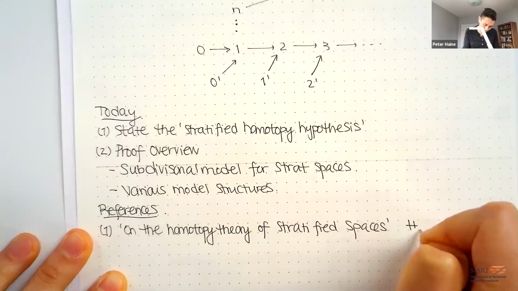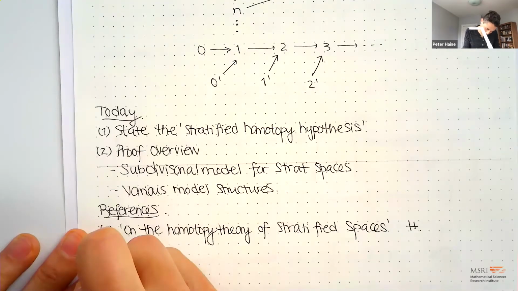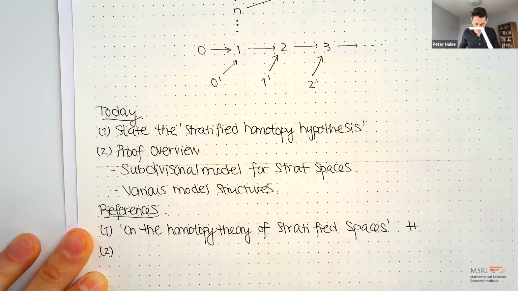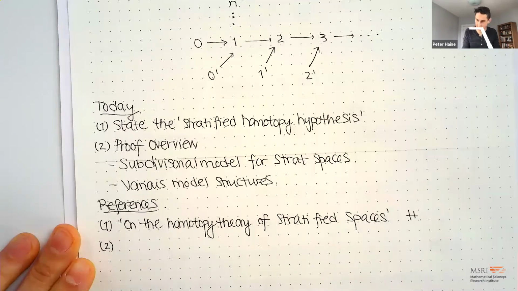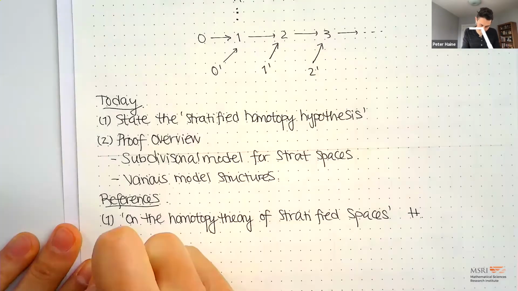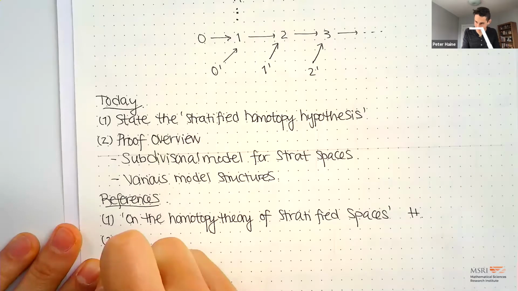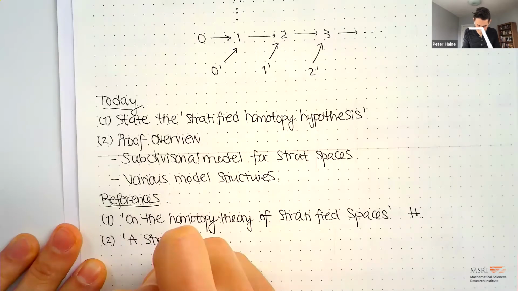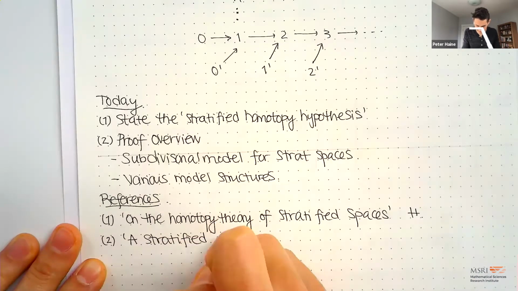That's mine. And then some other stuff that's relevant that I'll say a tiny amount about. And then I think on Friday, David's going to tell us a lot about David's paper with John Francis and Nick Rosenblum, called A Stratified Homotopy Hypothesis.